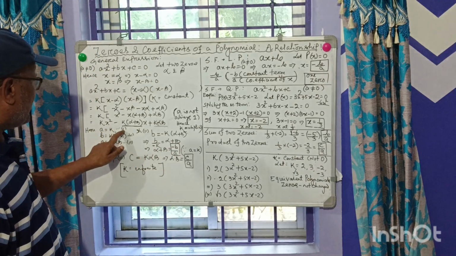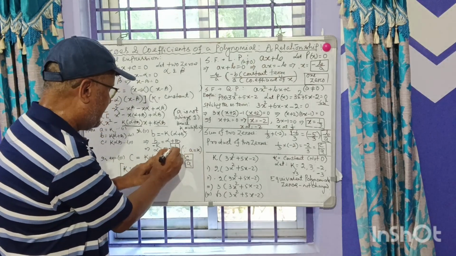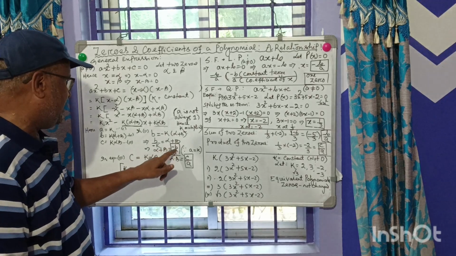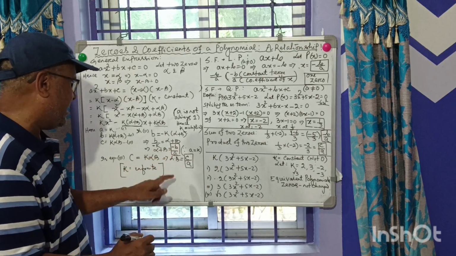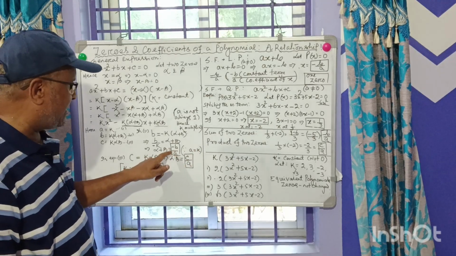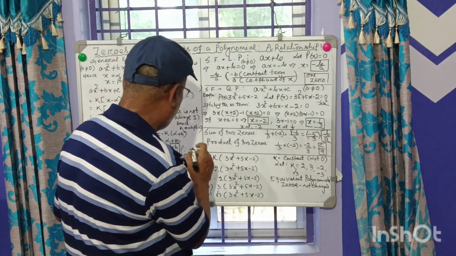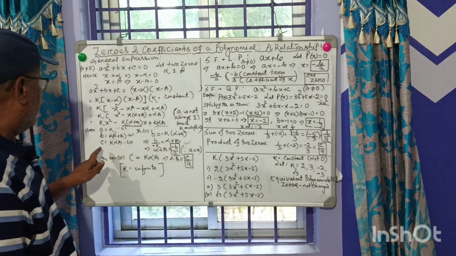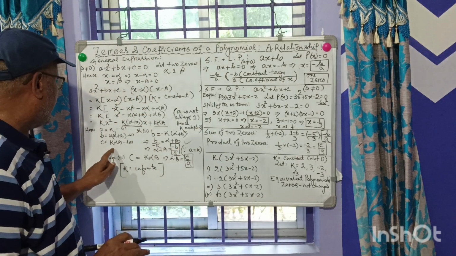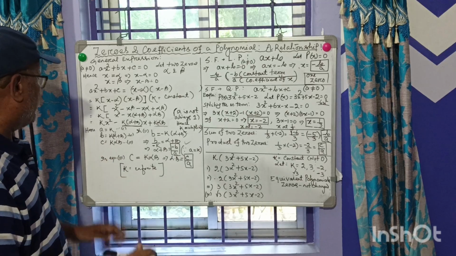Now you see in equation 1, a is equal to k, so in place of k we can write a. So we can write -b/a. Here we got -b/a, and now it is proved.